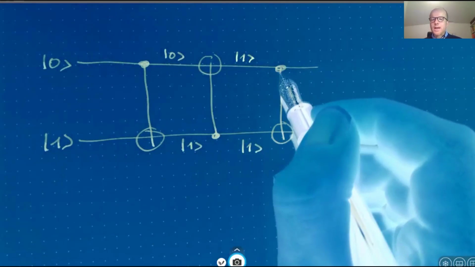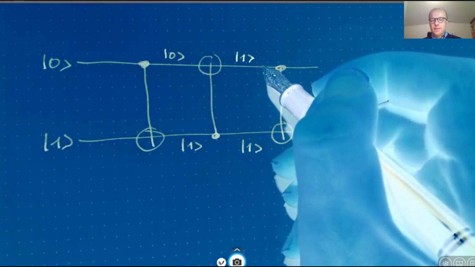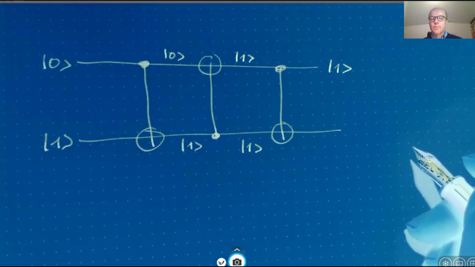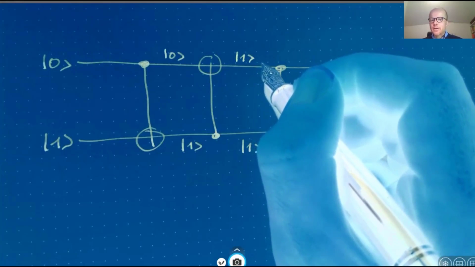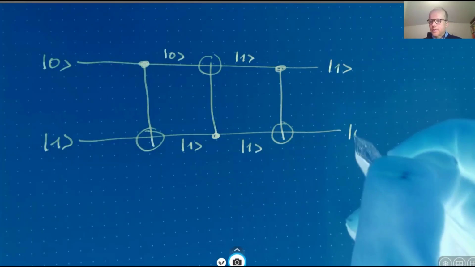And then we go into the last C0. Now the upper qubit is the control again. The control doesn't change, so the output here will be 1. And since the control is in the basis state 1, it does flip the target from basis state 1 to basis state 0.